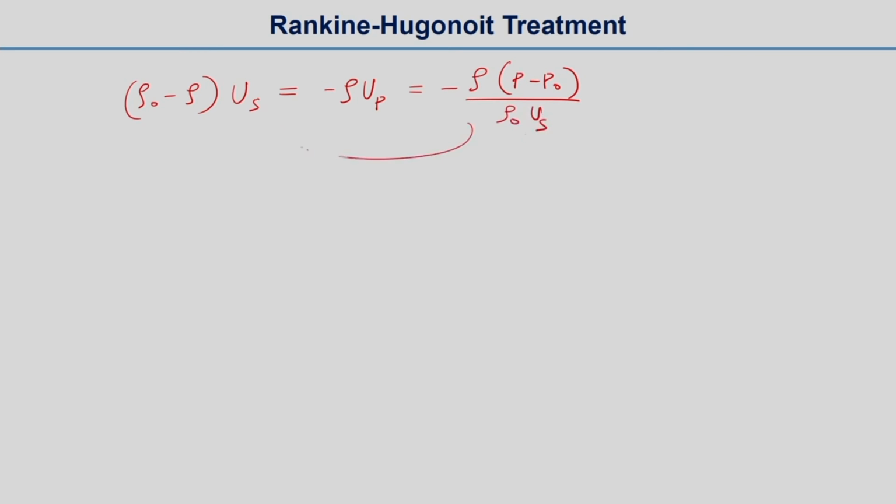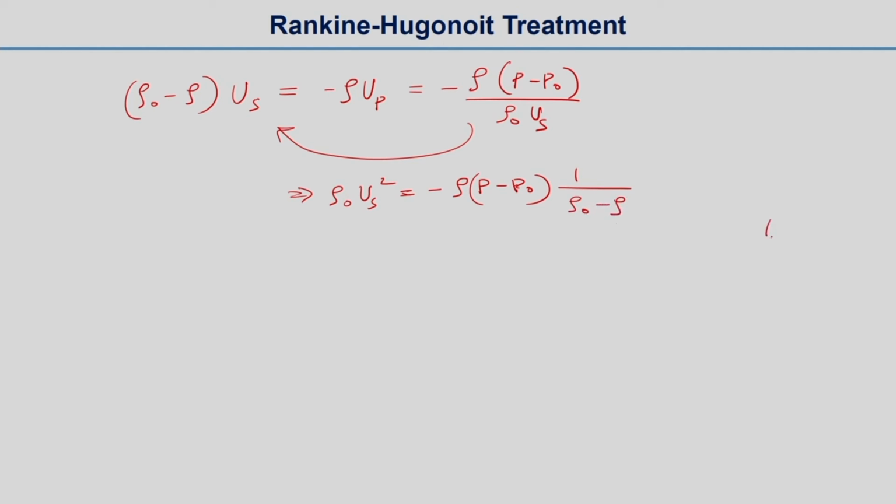So now if we combine this, we will get rho naught Us square equal to (P minus P naught) over (1 divided by rho naught minus 1 divided by rho).